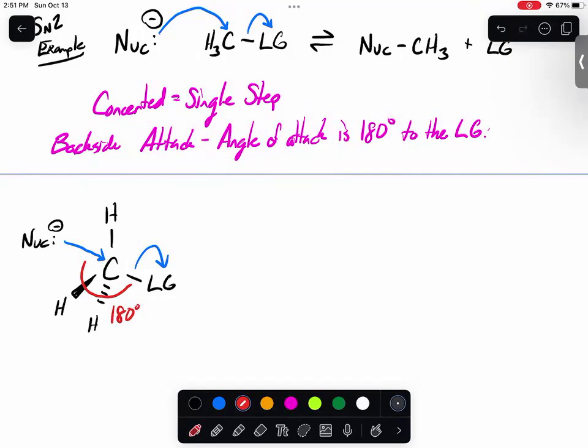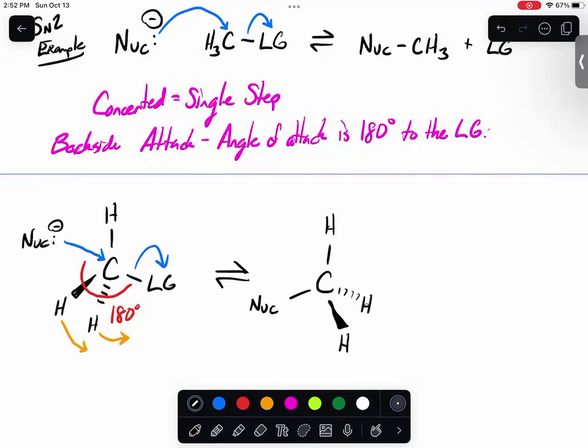But what this does is it forces everything else to kind of flip. So these hydrogens that are over here, in order to retain 109.5 degree bond angles, are going to have to move. And so what this ends up doing is at the end of this reaction, your nucleophile is on the side that it came in at, but those hydrogens, or whatever it is, got pushed over to this side.